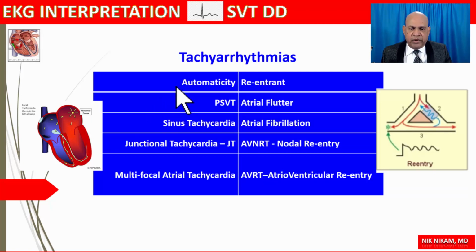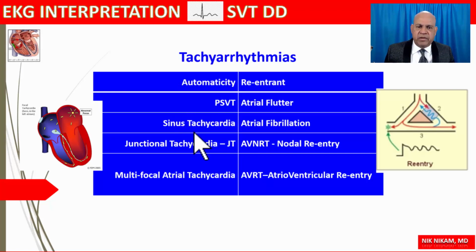The supraventricular arrhythmias, which are automatic in nature, include paroxysmal supraventricular tachycardia, sinus tachycardia, junctional tachycardia, and multifocal atrial tachycardia. We're going to look at each one of these examples and go through, most importantly, how we decipher the most logical diagnosis and how we differentiate that from all the other conditions in this particular category.